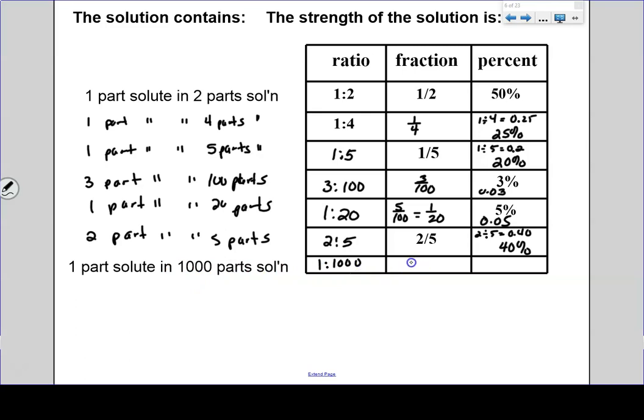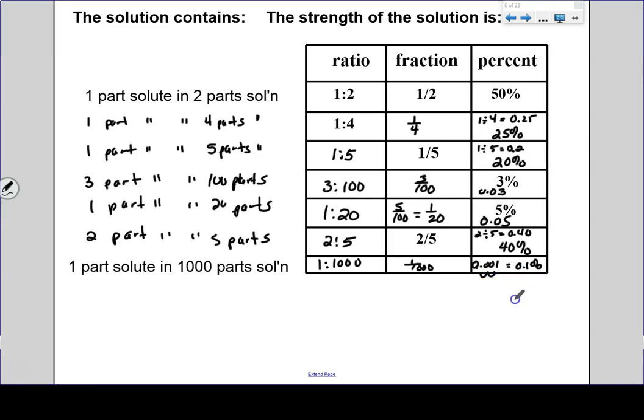What is the fraction? 1 to 1,000 would be 1 over 1,000. What percentage would that be? Well, 1 over 1,000 is 0.001, which is equal to 0.1%. Because remember, you always move the decimal 2 places to get your percentage.